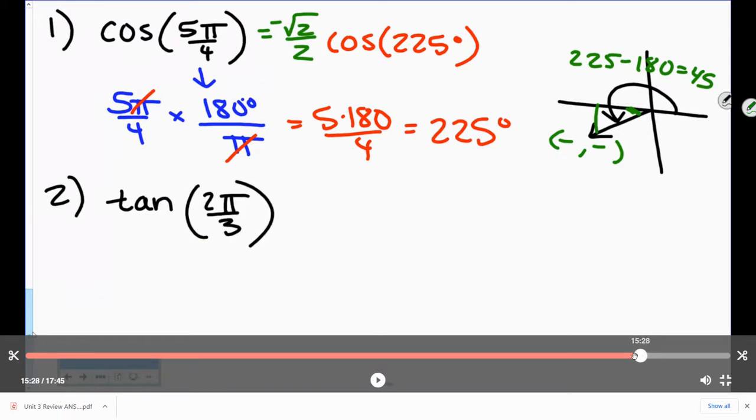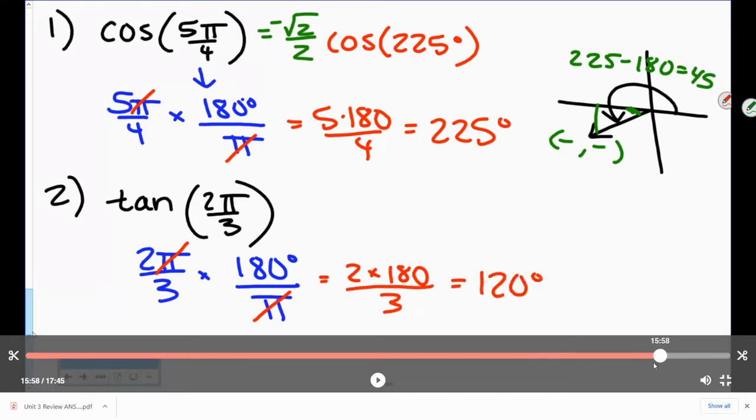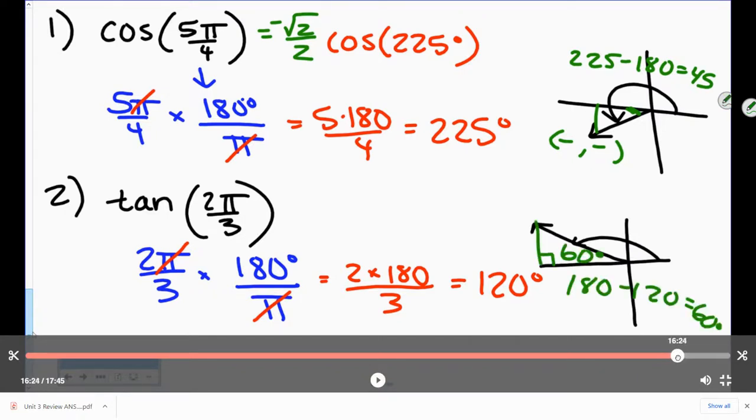Our last example we'll take a look at. So I've got tangent of 2 pi over 3. I'll go ahead and convert that to degrees. So I get 120 degrees. I will put that where it needs to be on the coordinate plane, so that's in quadrant 2. I will find the reference angle, so 180 minus 120 would be 60 degrees. I can use my 30, 60, 90 special right triangle. I can use the tables we've made.